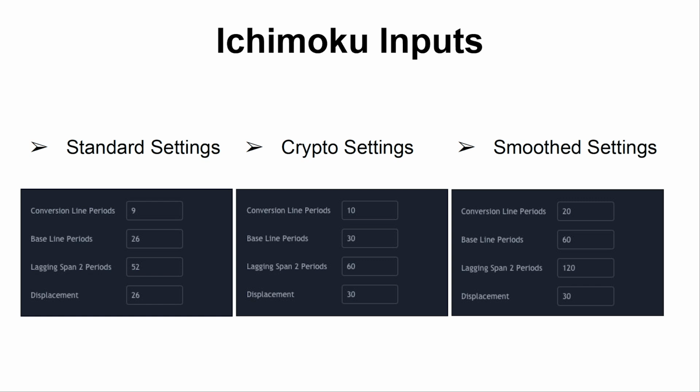The settings you should use are the ones that speak most to you. There is no right or wrong setting. The goal is to be consistent. Frequently switching the settings won't help you master the indicator and will lead to more headaches when it comes time to review your journal. With that said, let's dive right in and discuss some of the rules for trading using Ichimoku.